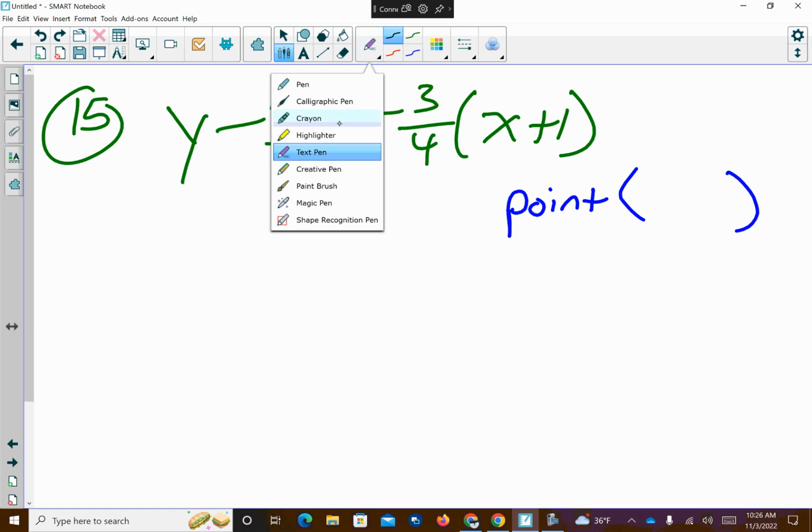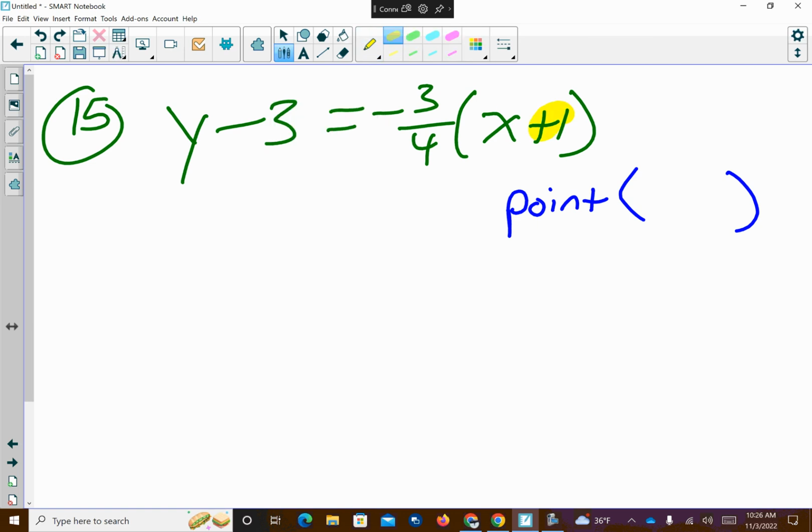So a reminder, I'm utilizing this and this, but something happens between those. What happens between those to get the point? So notice the value. It was a positive 1 when it was in the parentheses.